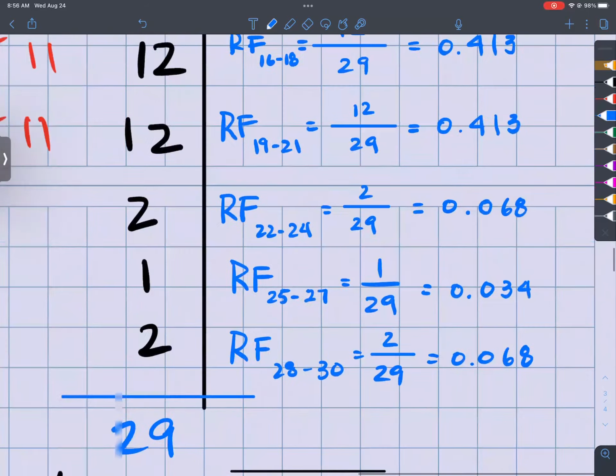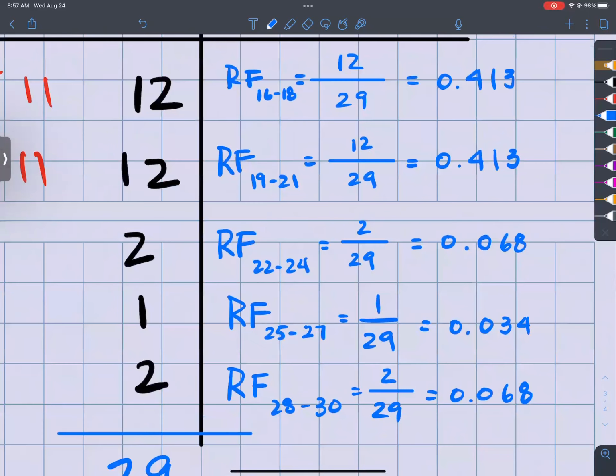All right, now add those together. Should that give me 1? Or it's going to be 0.999. Watch. It's going to be 0.999.